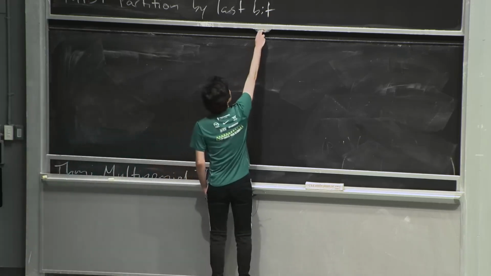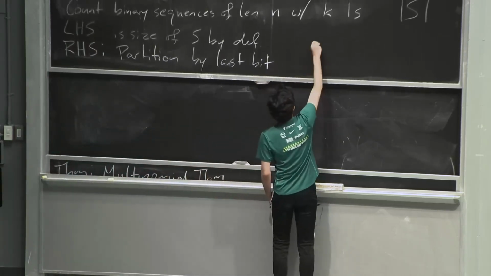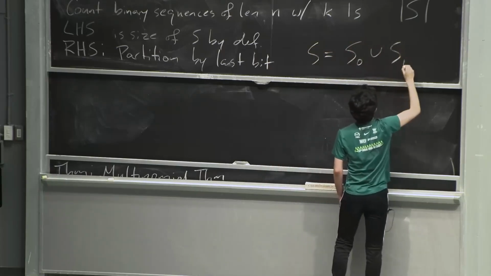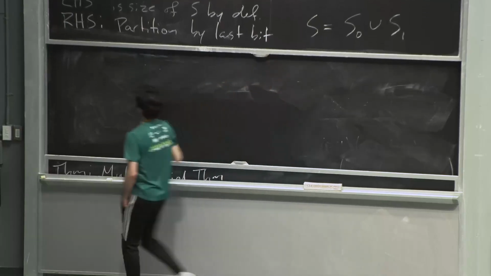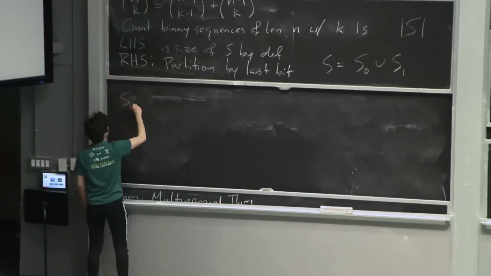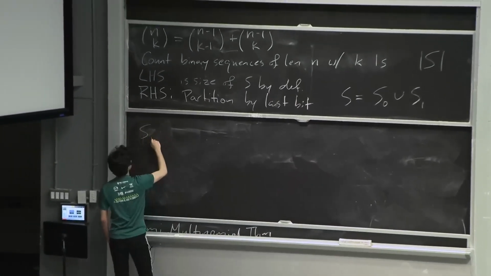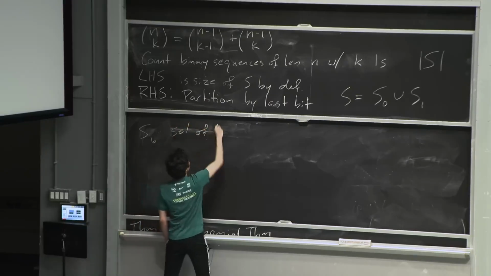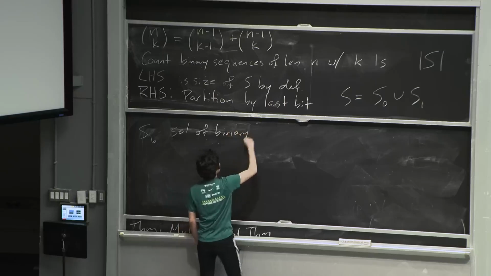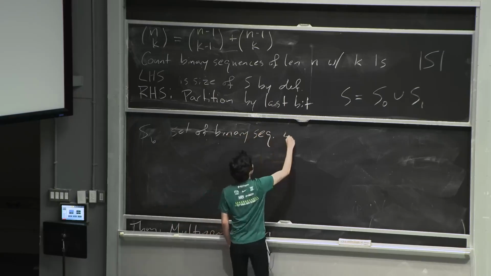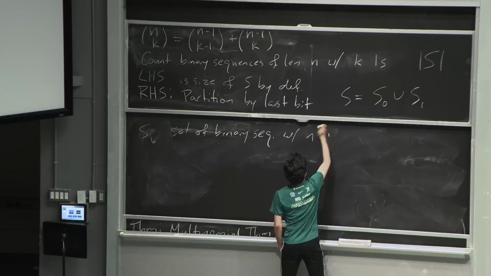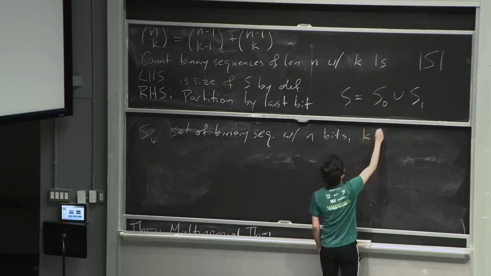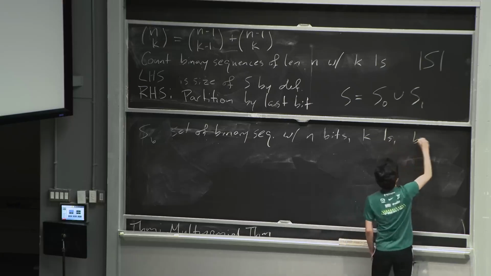So let's partition S into S0 union S1, where S sub b is the set of binary sequences with n bits, k 1s, and b at the end.